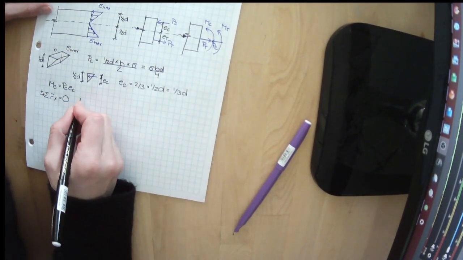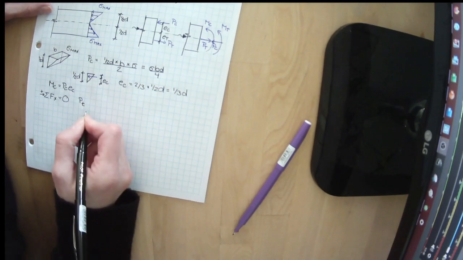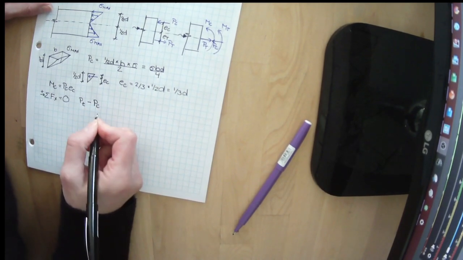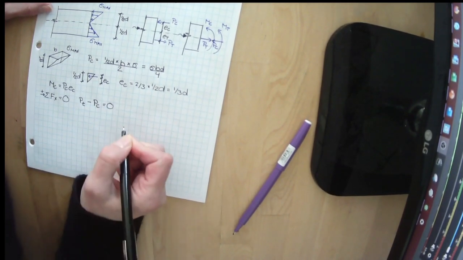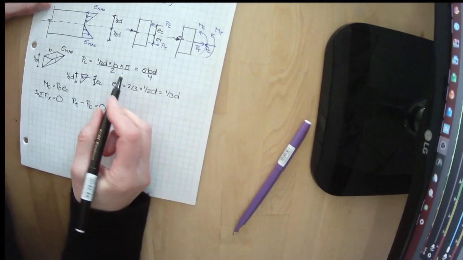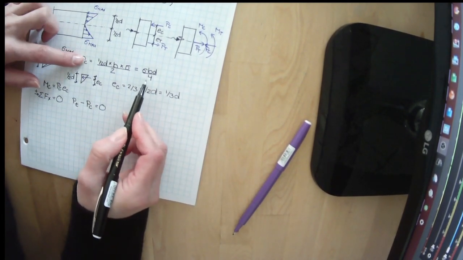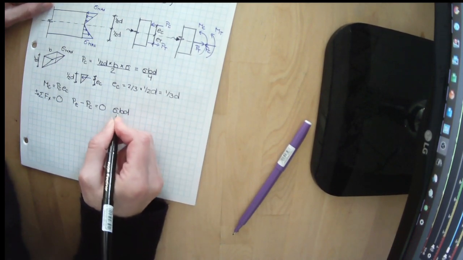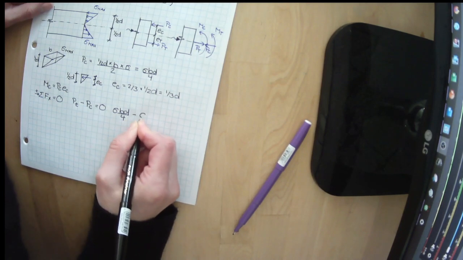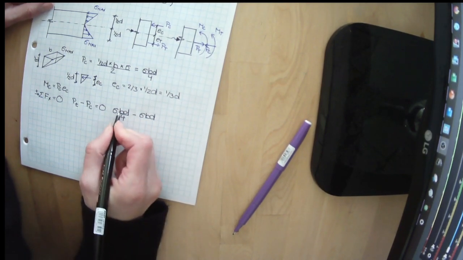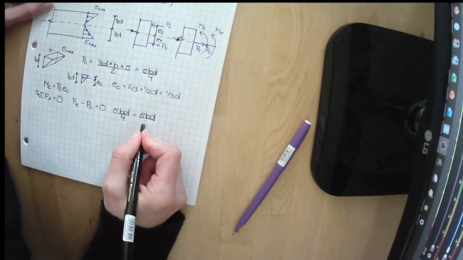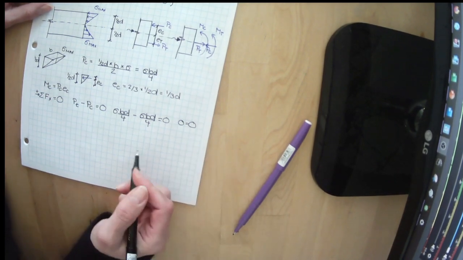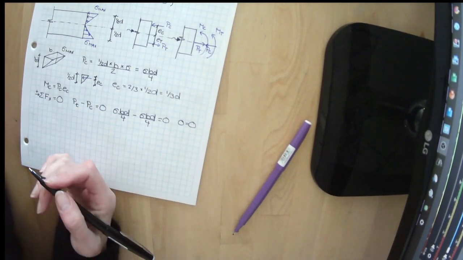We have PT going in that direction, which is positive, minus PC going in that direction, which is negative. We have PC and PT are going to be the exact same value, or stress BD divided by 4 minus stress BD divided by 4 equals 0, or 0 equals 0. We have no net internal axial force.